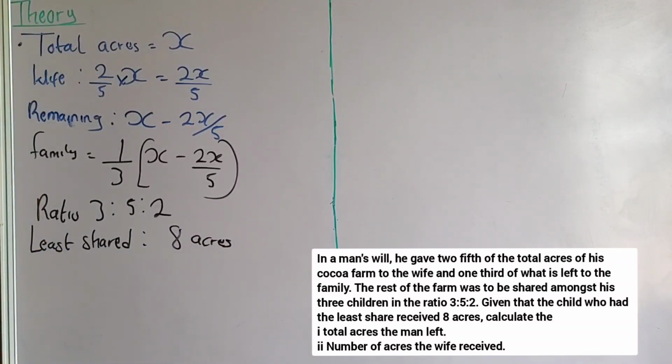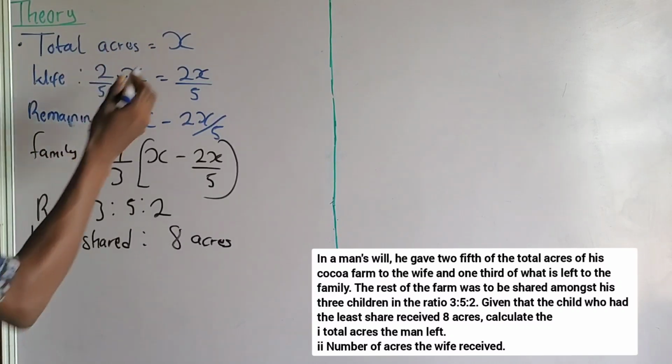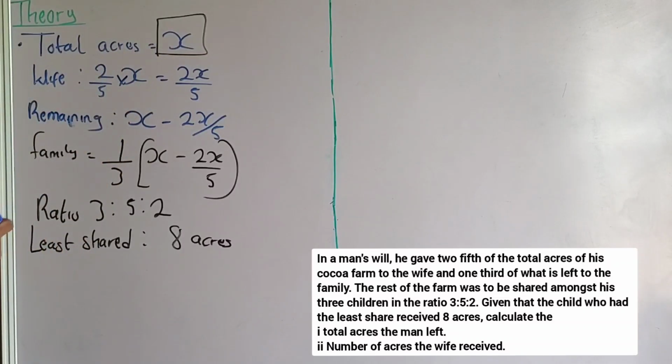Now, calculate the total acres the man left. So the goal now is to calculate the value of x. You understand? Which is the total acres. We have to calculate the total acres, which is the value of x.